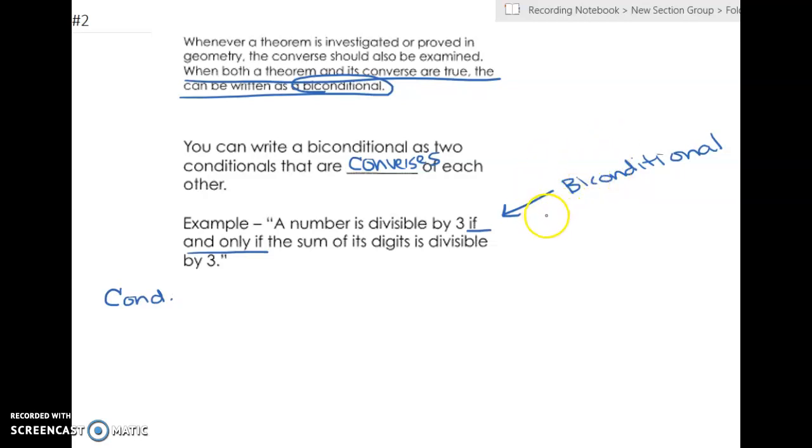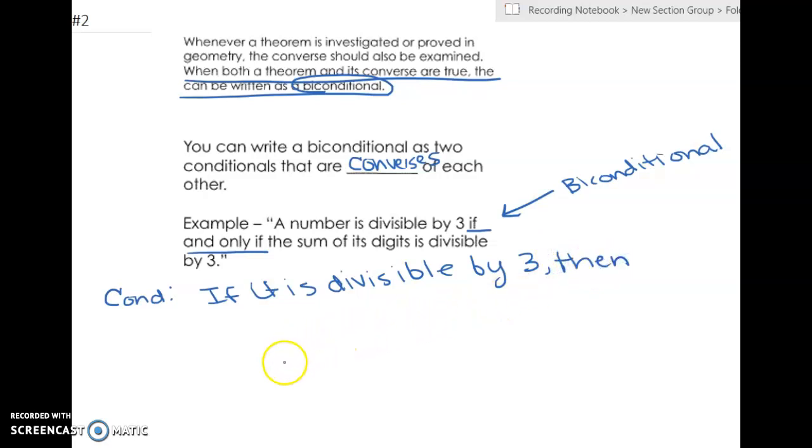It says a number is divisible by 3 if and only if the sum of its digits is divisible by 3. All right, so I can write the conditional statement as if it is divisible by 3, then, because remember a conditional is an if-then statement, then the sum of its digits is divisible by 3.